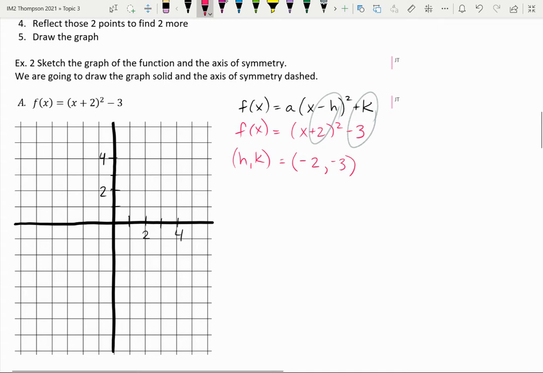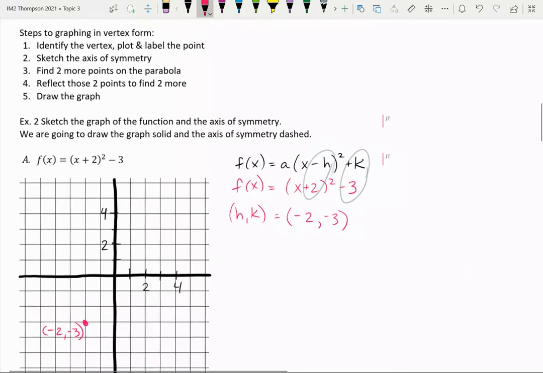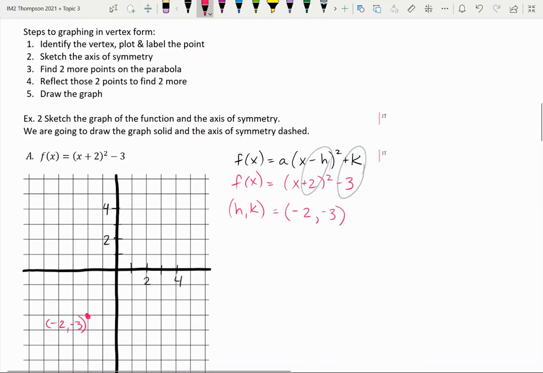I always go left and right first: left 1, left 2, and then down 1, 2, 3. Here's my vertex. Step 1, identify the vertex, plot, and label the point. Done.